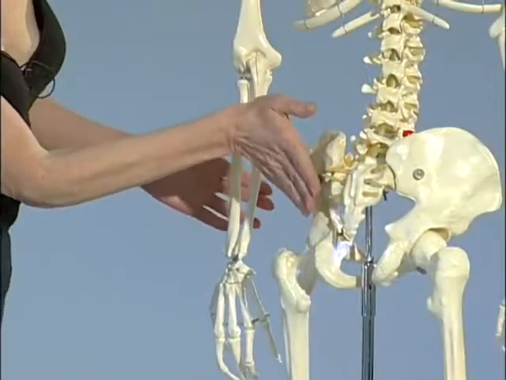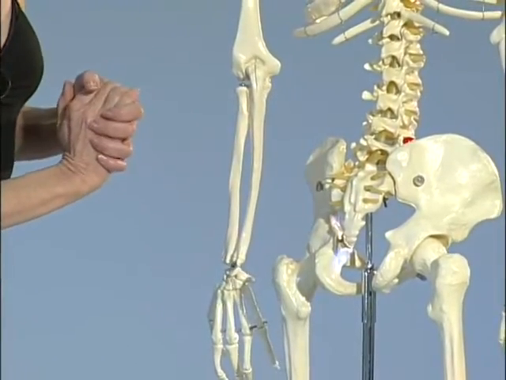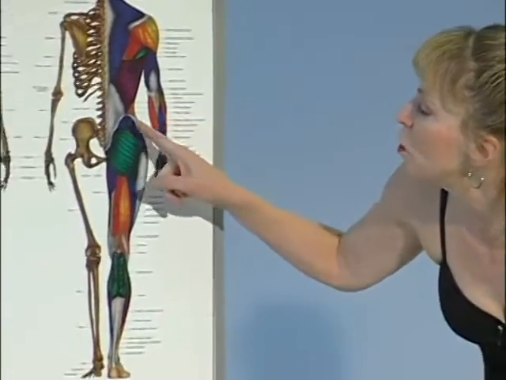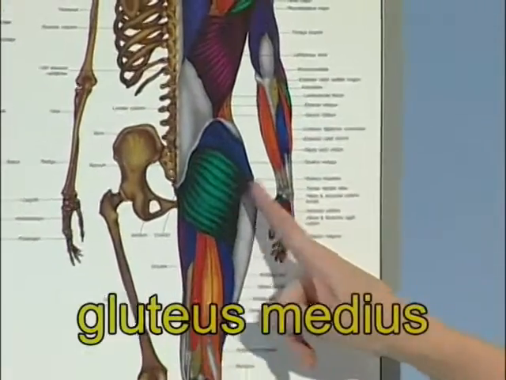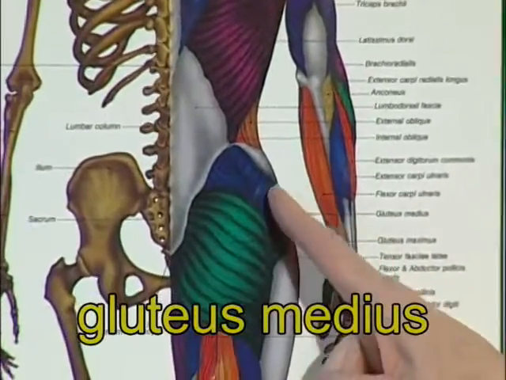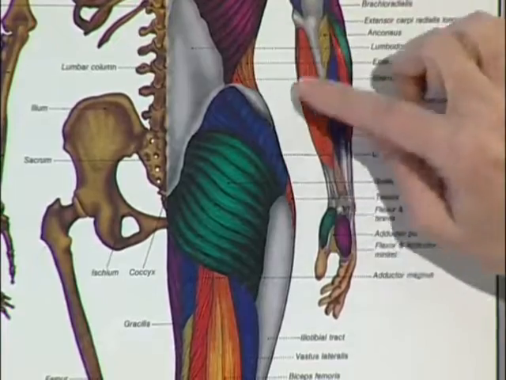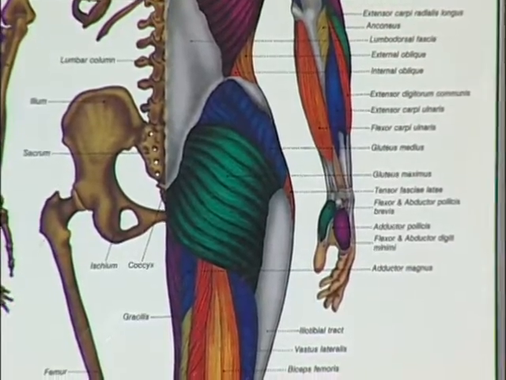Now, right behind the gluteus maximus is another muscle that's extremely important for us, and that is the gluteus medius. A little bit hard to see here, but you can see right behind is the gluteus medius. Now, these muscle fibers go more straight down. So the gluteus medius is right underneath the maximus.